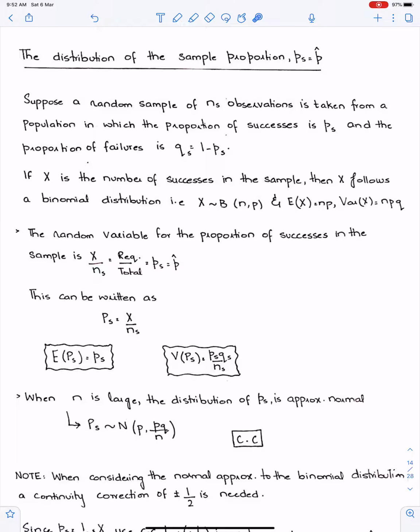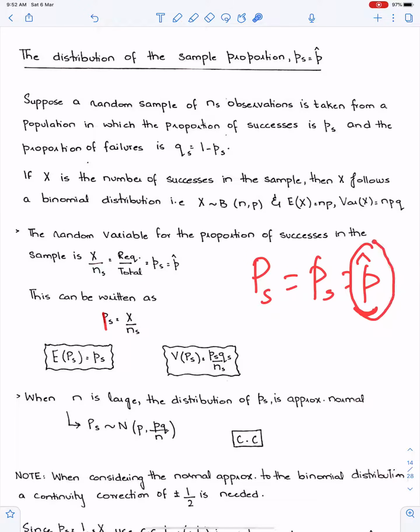This is the formula of proportion of success. X means frequency of requirement divided by sample size. And you can write this formula as, in capital letter we write PS, in small we write ps. And this is known as P cap. This means proportion of success, the estimate of P of binomial through sample.